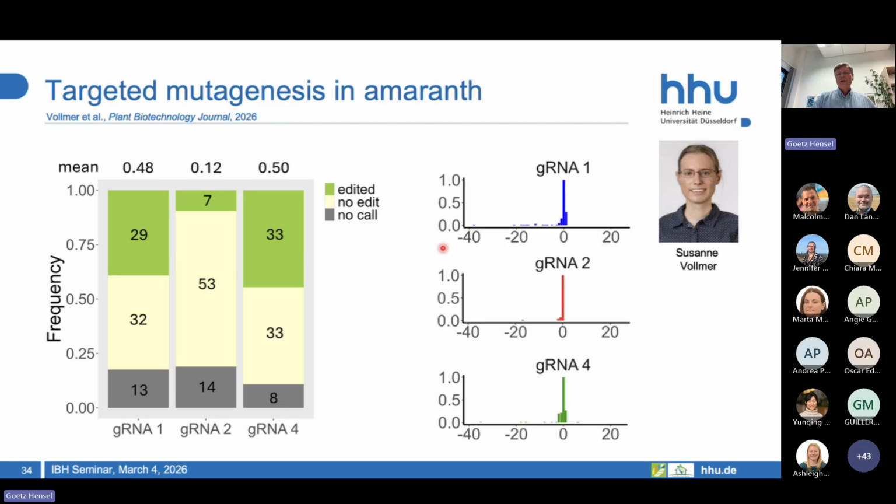If she then looked at the type of mutations, you typically find this +1. The 0 means wild type. If it goes in this direction, this means insertions, while the other direction means deletions. So here we find many insertions, but also deletions. And this is more or less true for all 3 guides which were analyzed here.